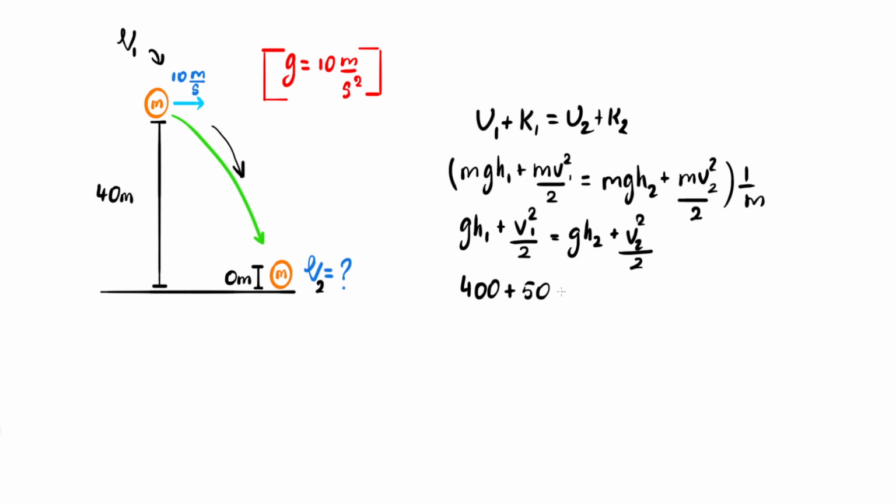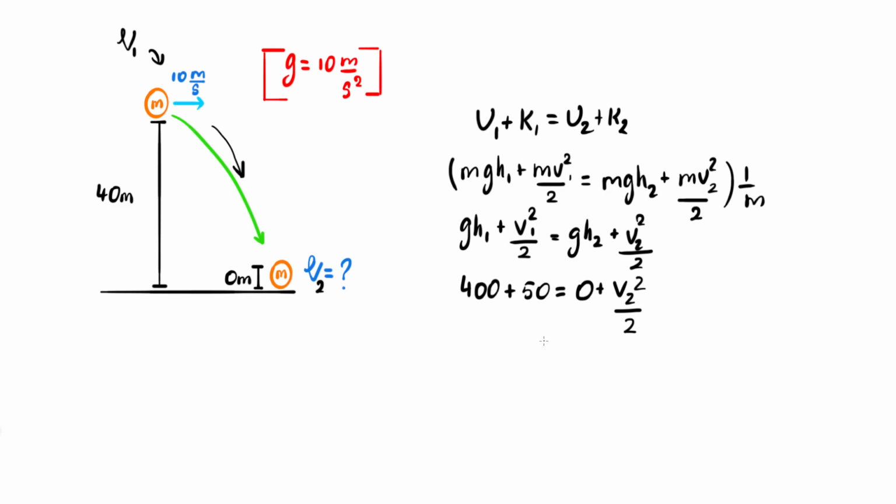And gh2 is going to be 0, because the final height of our object is 0 meters from the ground, and we don't know this variable, so this variable should satisfy the left hand side.